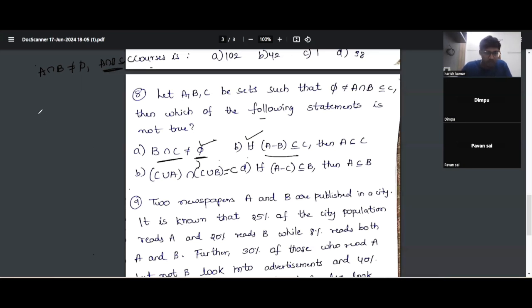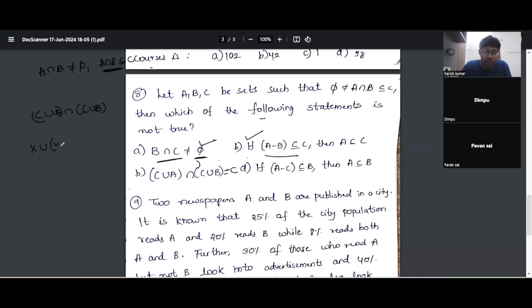Okay. First of all, C union A intersection C union B. Clearly, the distributive property can be applied here. Reverse distributive property. So what did we see in the distributive property?